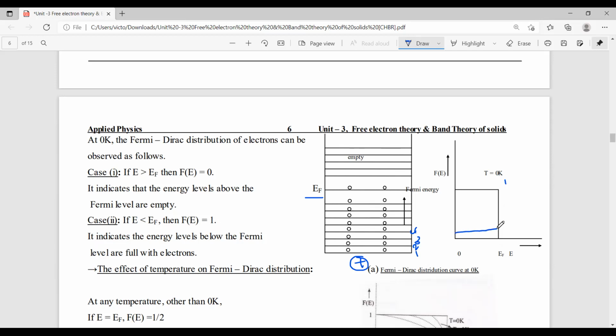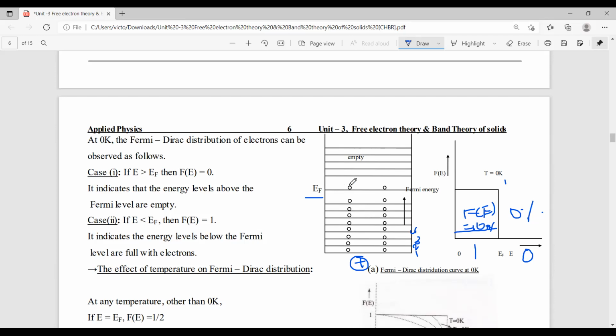Up to here we have the probability function, that means the chance is 100%. Okay. And above the Fermi energy level, it is empty. So automatically the Fermi-Dirac distribution function chance is 0%. So 100% in probability is expressed as 1, and 0% is expressed as 0.